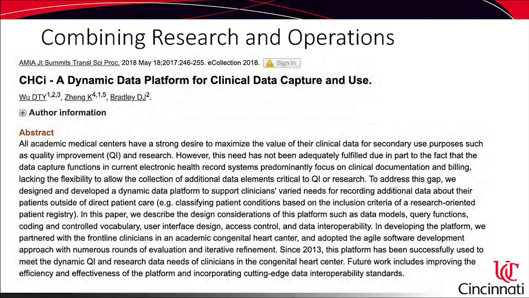So there are two papers published. One is in a medical journal, and the other is in the AMIA Joint Summit, talking about the technical structure. That gives you a sense of how I usually work with people: have one publication in the clinical domain, and have one more on the informatics side.